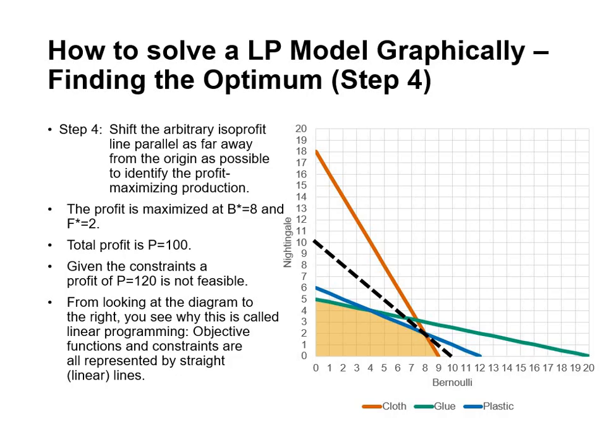Step 3, you identify an arbitrary ISO profit line, and technically what you need is the slope of that line, and then you shift that arbitrary ISO profit line from the origin as far out as possible so that you still touch the area of feasible production, or the production possibility frontier, and that will then give you graphically the optimum production.